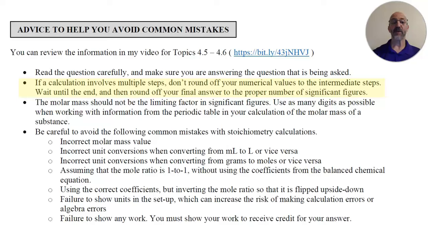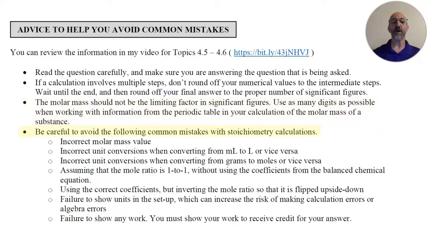And then when you're finished with all of the steps of your calculation, round off your final answer to the proper number of significant figures. Now, with respect to significant figures, the molar mass comes from the information on the periodic table. The molar mass should not be the limiting factor in significant figures, so use as many digits as possible when working with the information from the periodic table in your calculation of the molar mass of a substance.